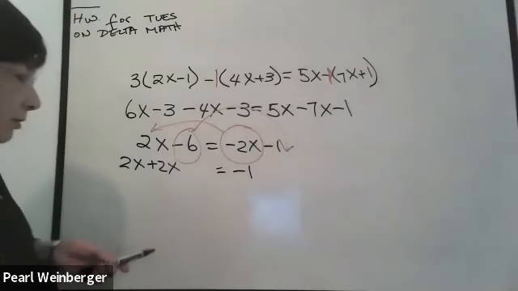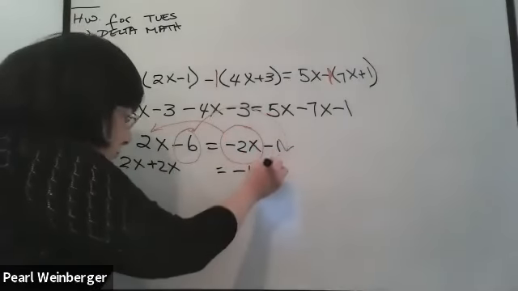We're gonna change its sign, so it's gonna be positive 2x plus, and then equal to negative 1 plus 6, because we're gonna change its sign. And she's gonna move this to this side. And then we're gonna do the like 2x plus 2x, which is gonna give us 4x equal to 5.